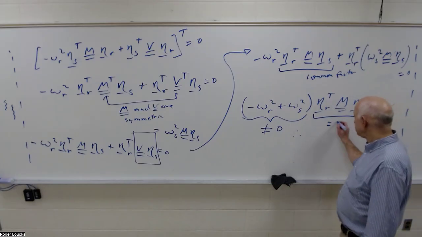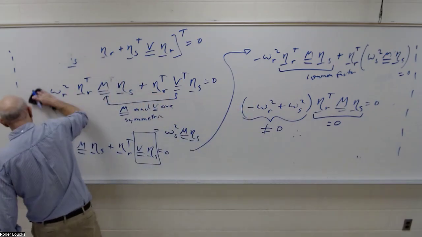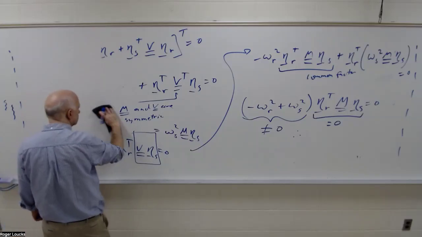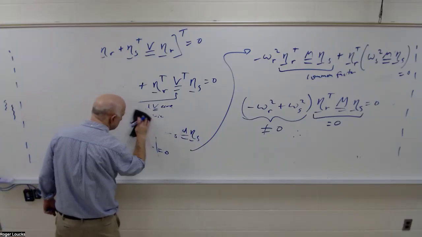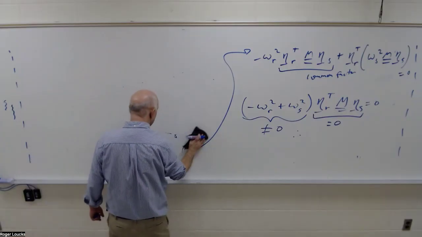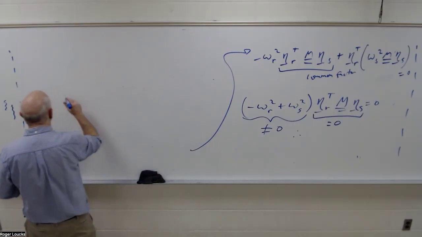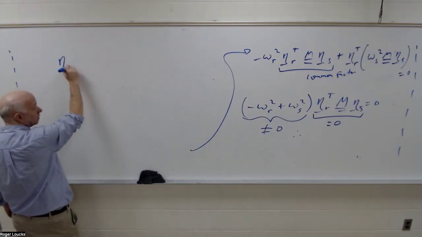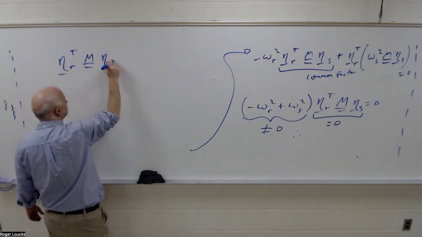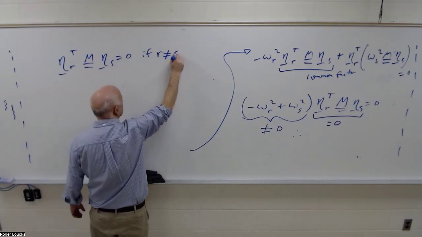So what I have here is eta R bar transpose M eta S equals 0, when R is not equal to S.